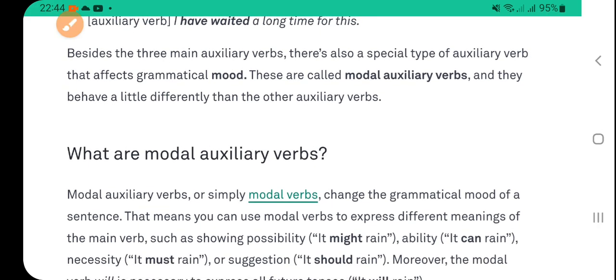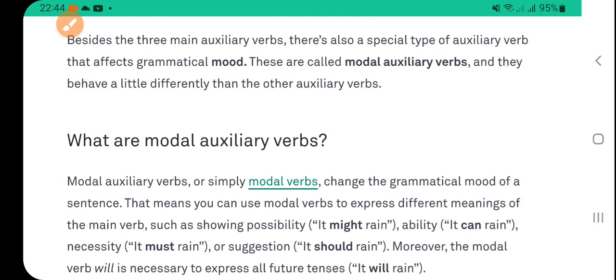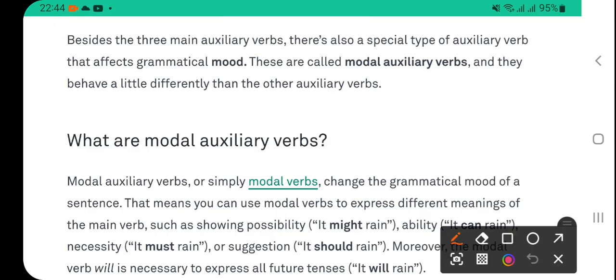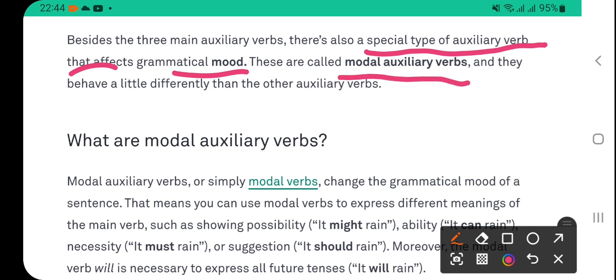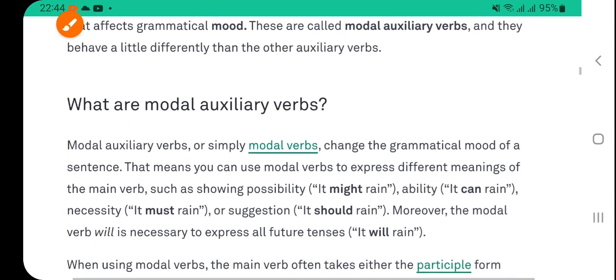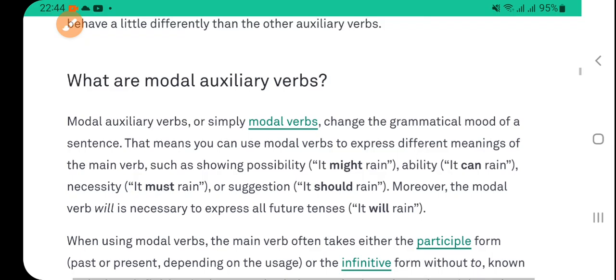Now besides the three main auxiliary verbs, there is also a special type of auxiliary verb that affects grammatical mood. Very important. These are called modal auxiliary verbs, right? They behave a little differently than the other auxiliary verbs.